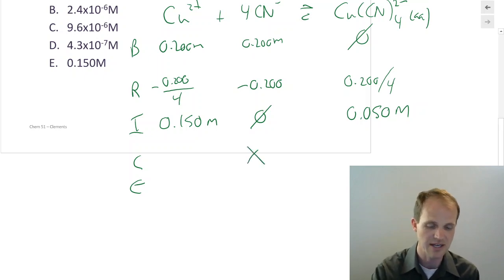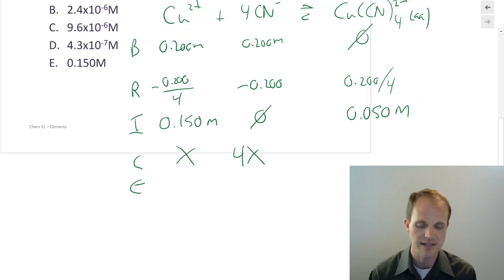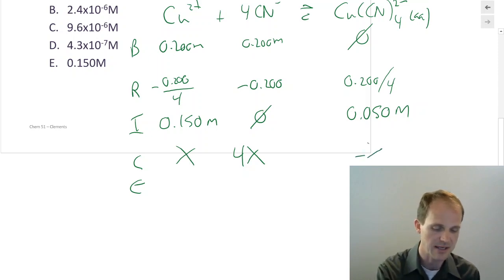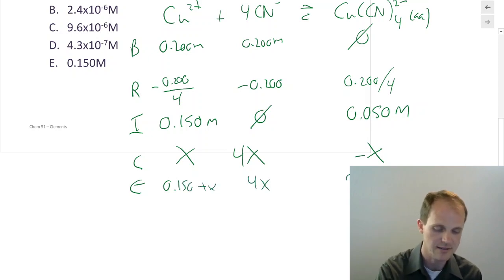So I know this is going to be an x, and it's not just going to be an x, it's going to be a 4x. And then that's got to be an x there. That's got to be a minus x there. Our equilibrium: 0.150 plus x, 4x, 0.050 minus x.